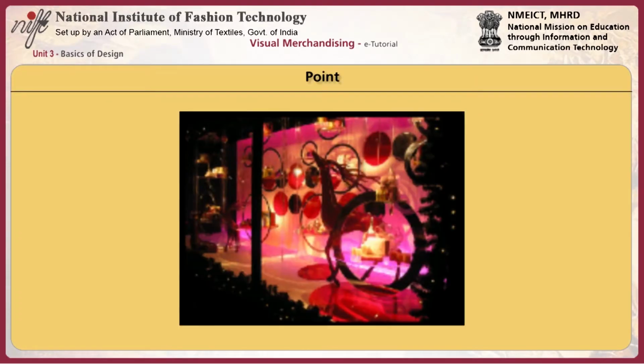For example, as you can see in the image, a mannequin standing erect adds stature and class to the garment. This is good for fur coats, evening gowns, bridal wear, and tailored suits.